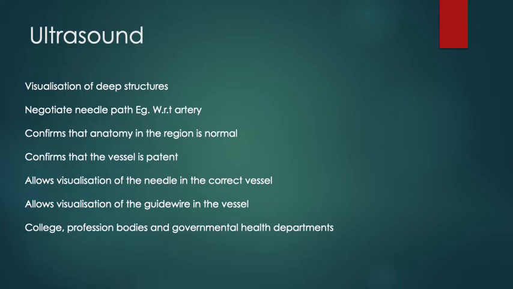Obviously, negotiating the needle path. I've put, for example, with respect to the artery, but obviously also with respect to other deep structures. And negotiating the needle path for people who are just starting out with central line insertion is the hardest part of the entire thing.